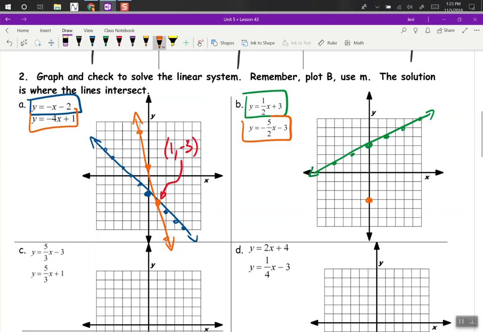So down 5, right 2, somewhere around here. Up 5, left 2. There. And our solution is this point right here, and that looks like -2, 2.